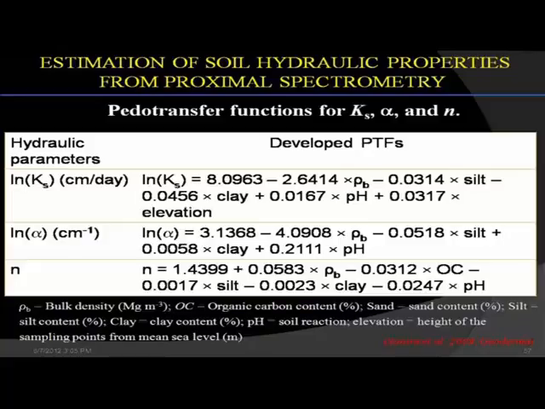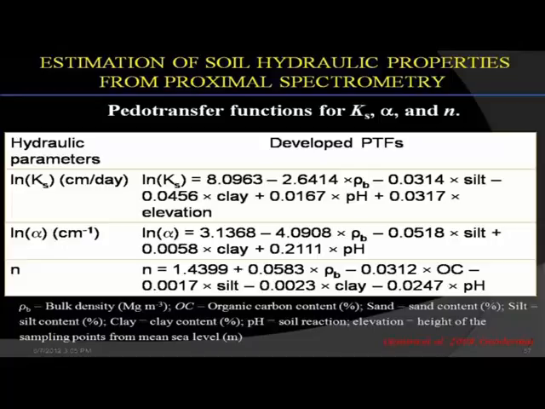So for that, there are different methodologies people have developed, called pedotransfer functions. If we can use easily measurable parameters, for example organic carbon content, bulk density, clay content, soil pH, elevation, then textures, then from there one can easily estimate hydraulic conductivity through some kind of mathematical transformation as shown over here, and that technically is called a pedotransfer function.